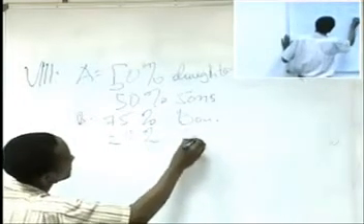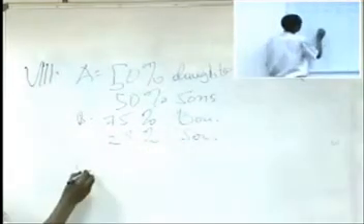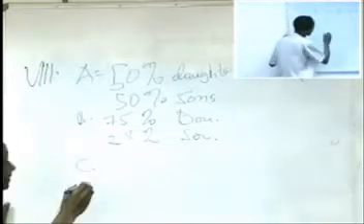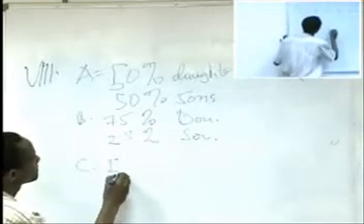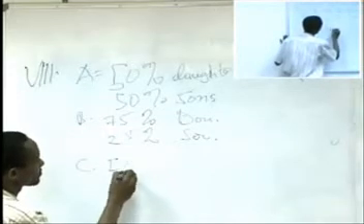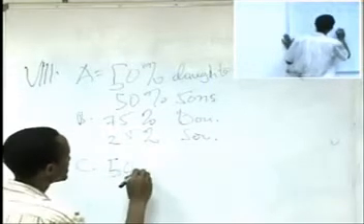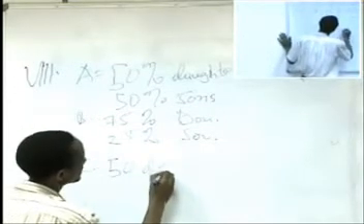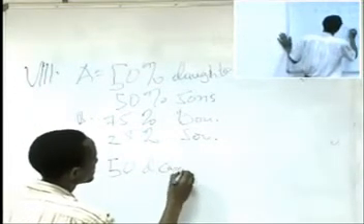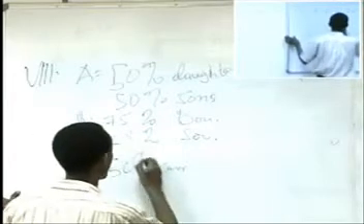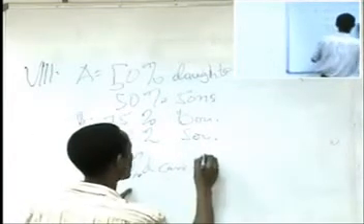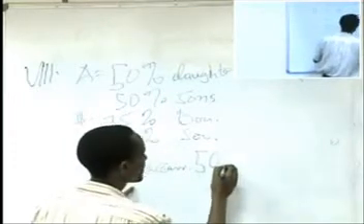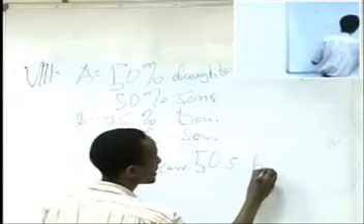C. 50% daughters carrier and 50% sons hemophilic.